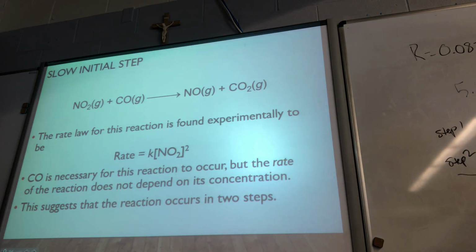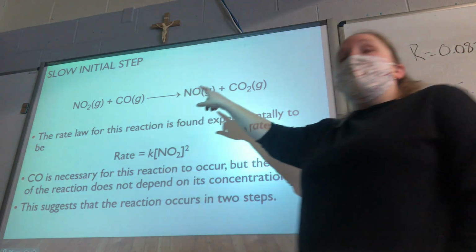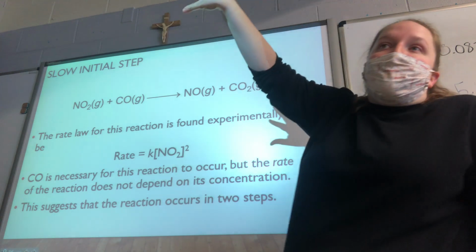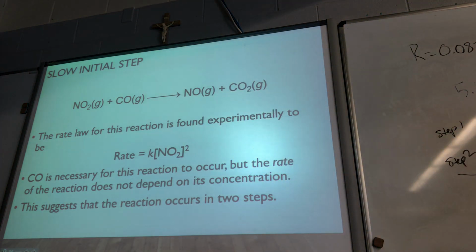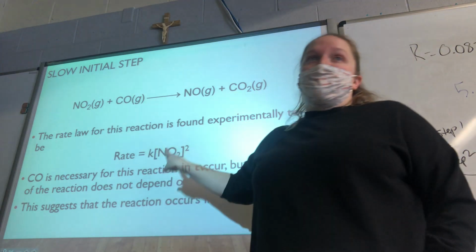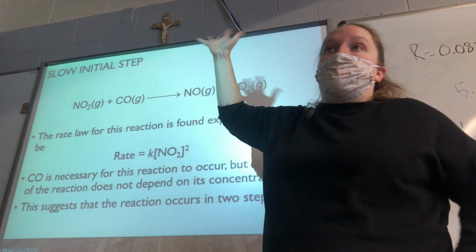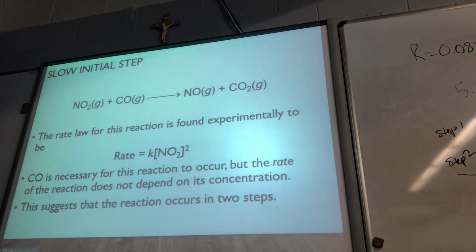Now, whether that's because of an experimental determination or because CO is like a catalyst or it's something that gets canceled out when you add the two things together remains to be seen. But what we're telling you here is that the rate of the reaction is only going to be determined by NO2. Okay, so that's the first piece of information.